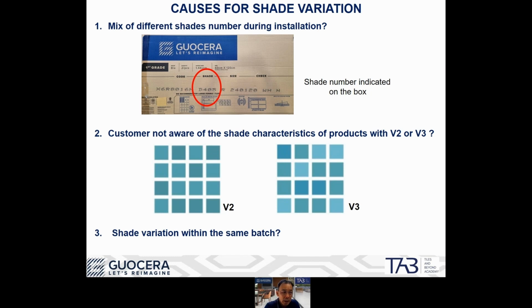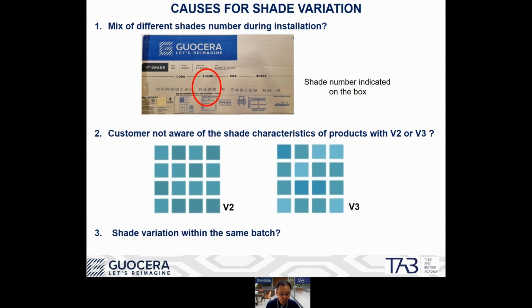Now, number one, some of the shade variation complaints are actually caused by contractors. Of course, I'm not pushing all the blame to contractors, but it does happen at quite many job sites that different shades of tiles are mixed. Tiles come in cartons with the shade numbers indicated.